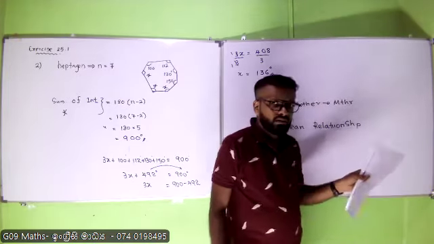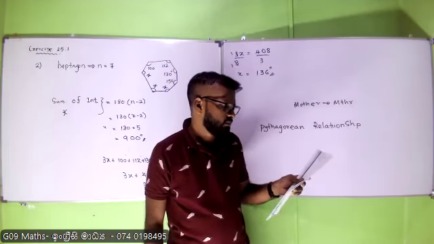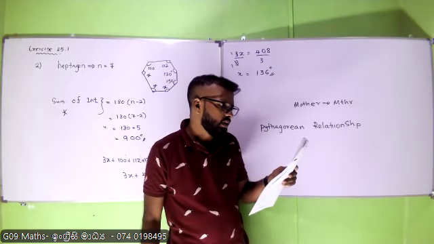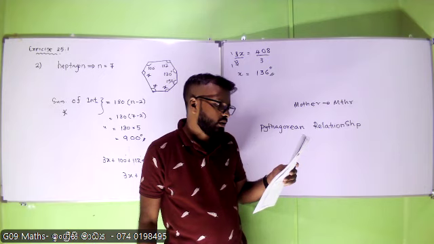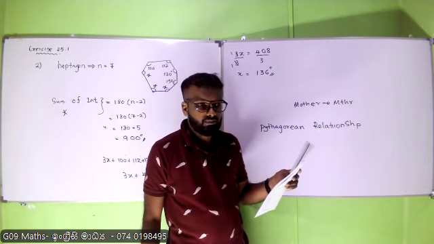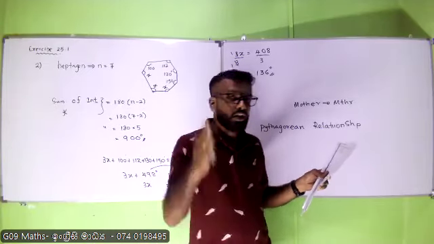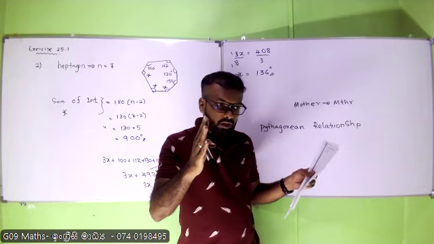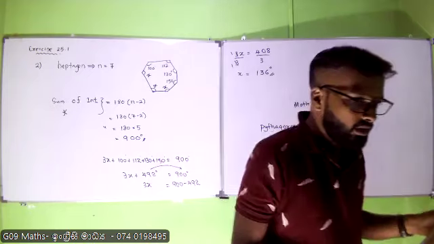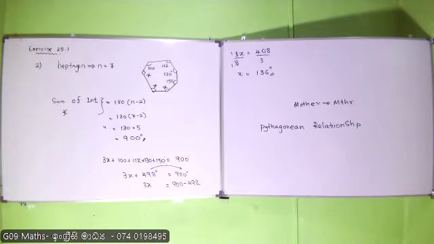Shall we do the third term? Take page number 9, third question. There are 4 questions. Do those 4 questions and send me the answer. Sir, you mean the third question?